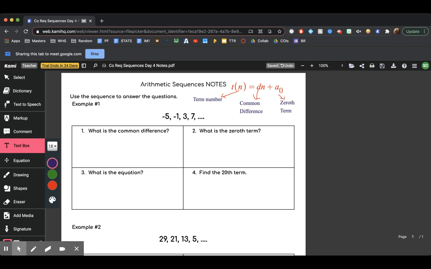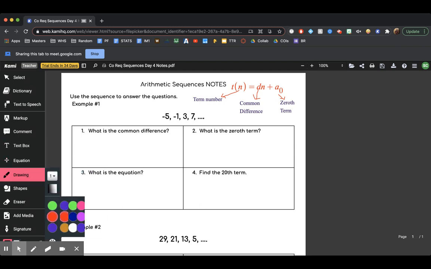Example number 1 says, use the sequence to answer the questions. So we have 4 questions to answer, and our sequence starts with -5 as our first term. Then we have -1, 3, and 7. Okay, those are the sequence numbers. Now, the first question says, what is the common difference?